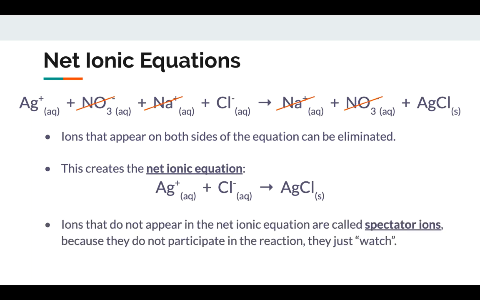The ions that we crossed out, the ones that aren't in the net ionic equation, are called spectator ions. So in this case, sodium and nitrate. And they're called spectator ions because they're not participating in the reaction, they're really just watching it. They're floating around the solution, not doing anything, but it's the silver and the chloride that are actually reacting together.